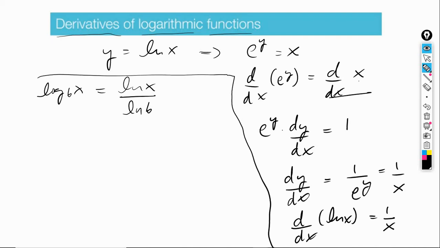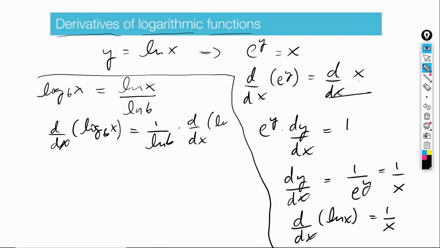So let's apply the derivatives to both sides of this. So the derivative of log base b of x is equal to 1 over natural logarithm of b, this is a constant, times the derivative of natural logarithm of x.